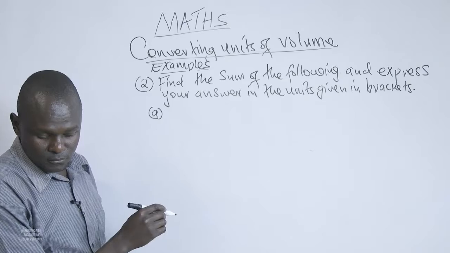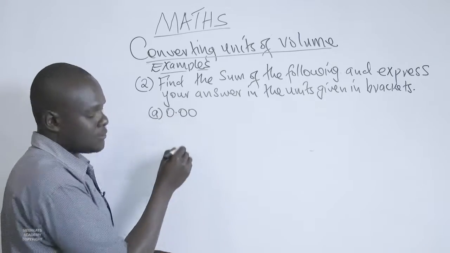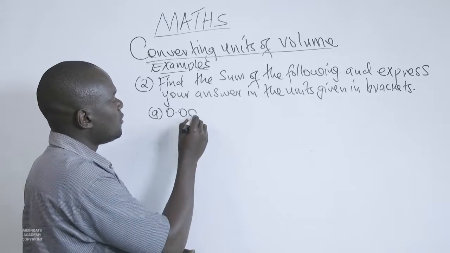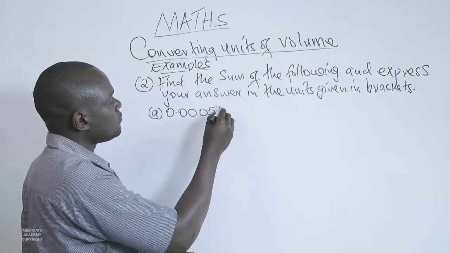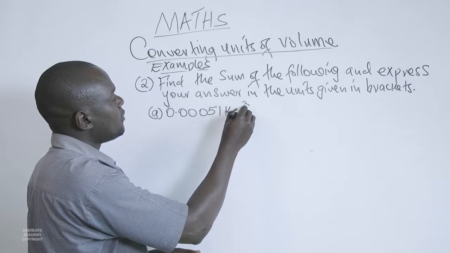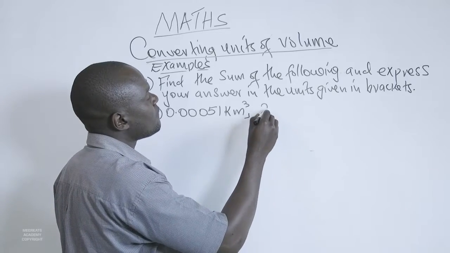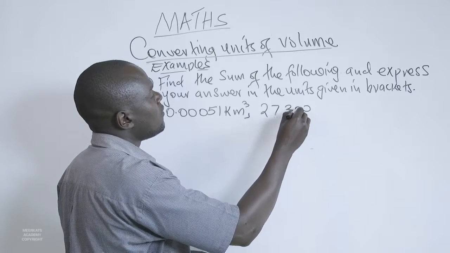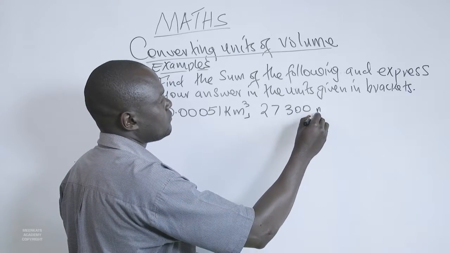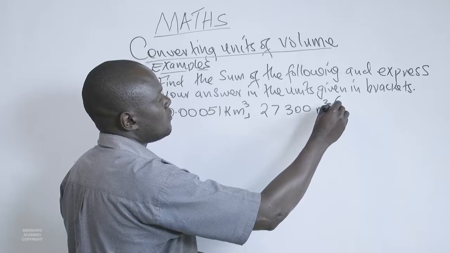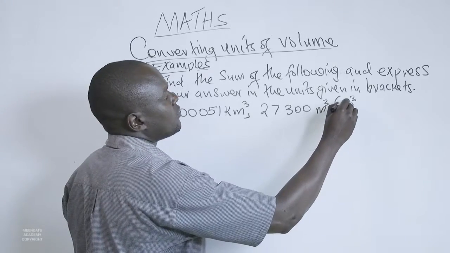Part A, we need to find the sum of 0.00051 cubic kilometers, 27,300 cubic meters, and we should express our answer in cubic meters.